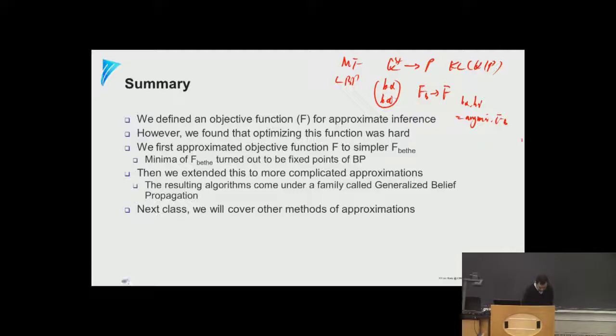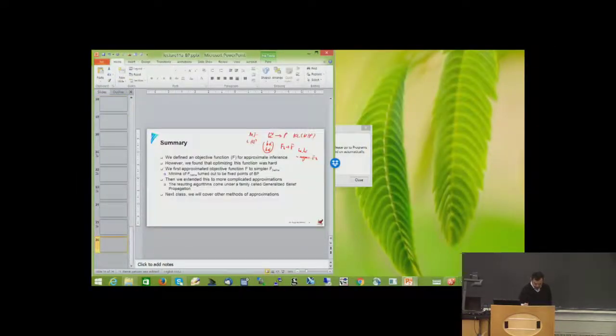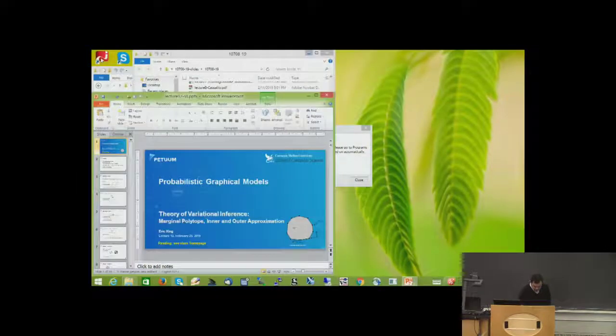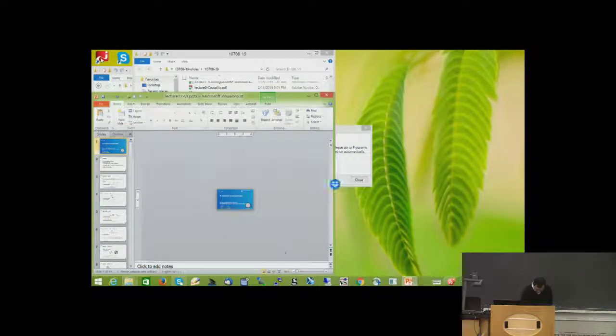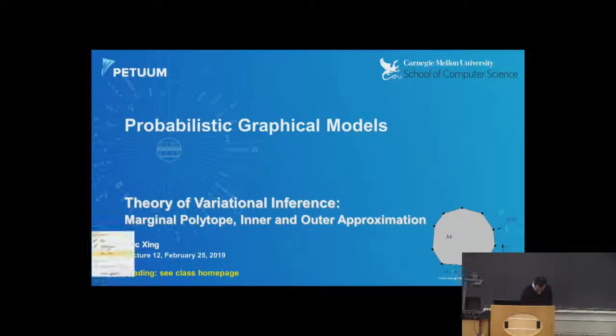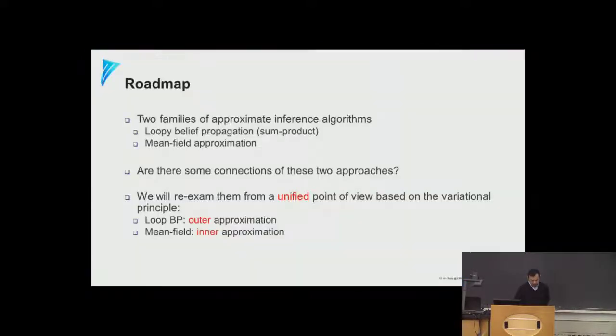So with that, I'm going to immediately start the next lecture so that you see what is the bigger context of what we have done so far. So I'm going to talk a little bit about the theory of variational inference in the form of convex optimization.